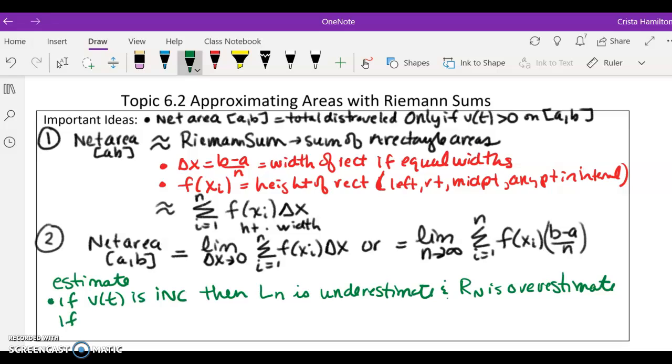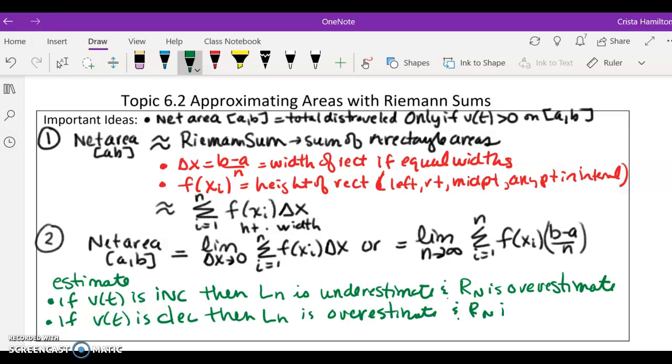However, if, we'll put a little star in front of that, v of t is decreasing, then the left is an overestimate, and the right is an underestimate.